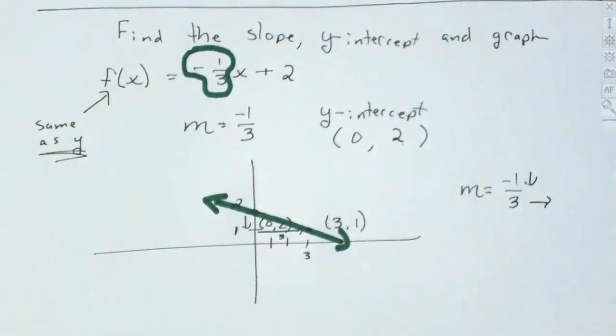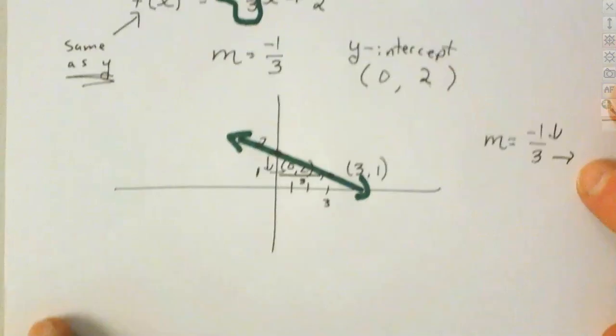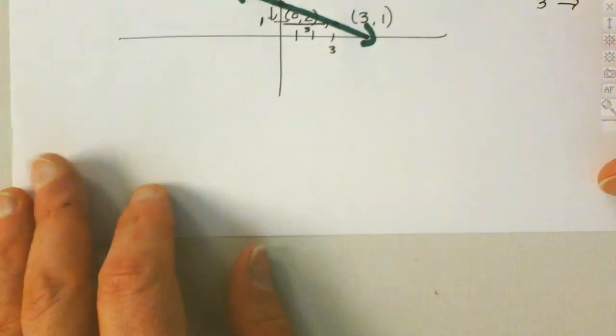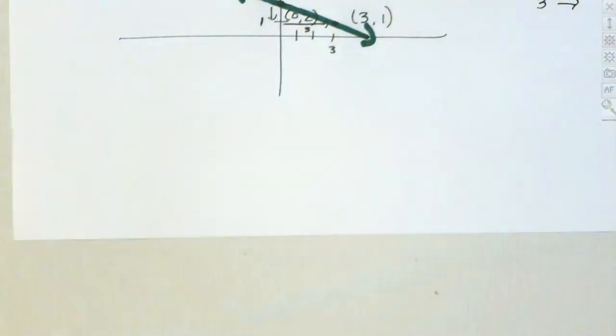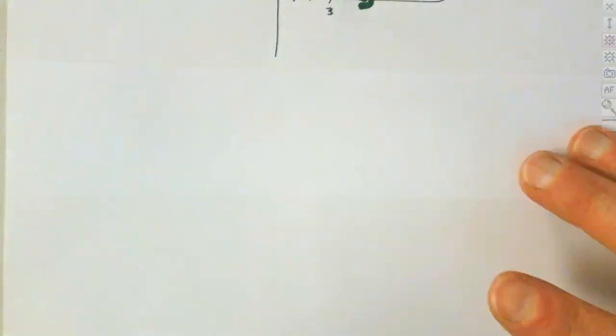We've talked about these a little bit, but what happens if we only have either an x value or only a y value? So let's say I just give you one where all you have is an x. So we're going to find the slope, the intercepts if we have them, and graph.